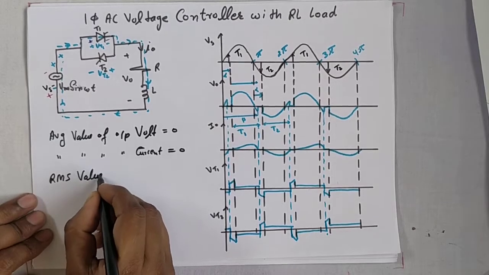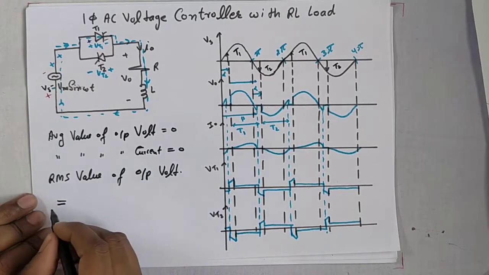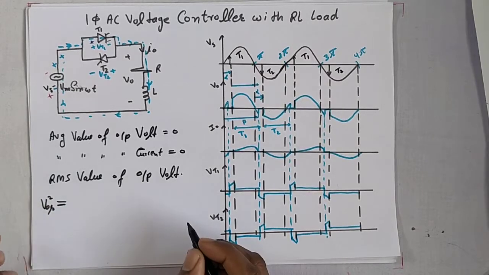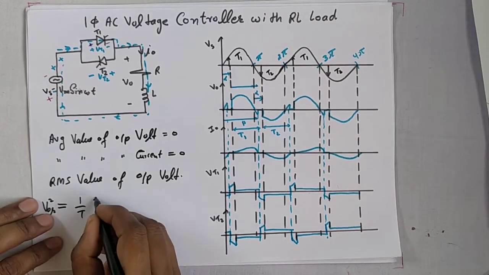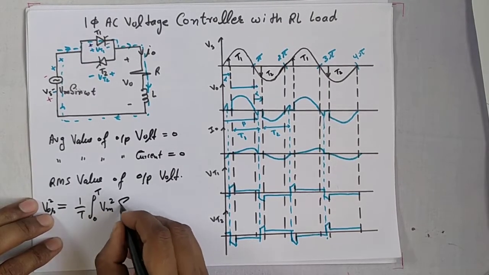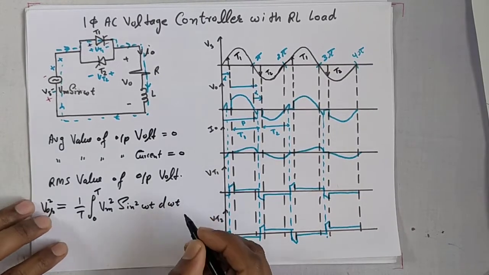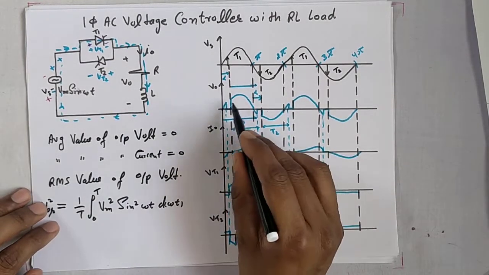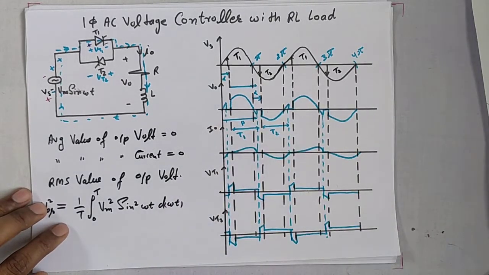RMS value of output voltage. V0R square equals 1 upon pi, integral from 0 to T of Vm square sin square omega t d of omega t. When you make this V naught square, the waveform will look like this.